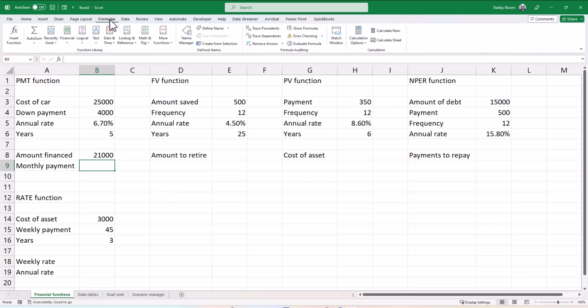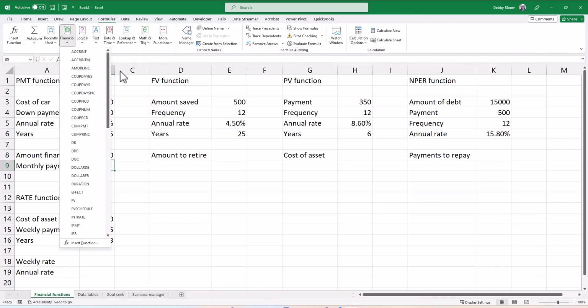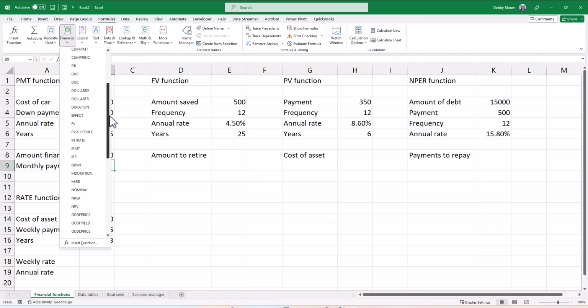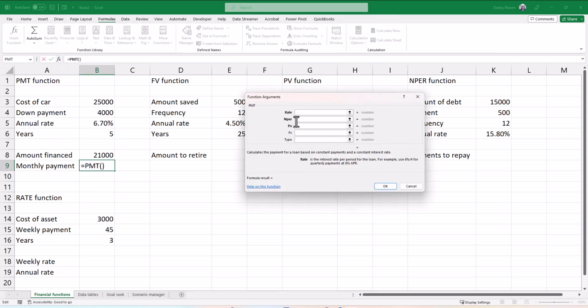So I'm going to go to Formulas, Financial, and then scroll down until I find PMT. The arguments in PMT are rate, which is actually the financial function I, the annual rate divided by the number of payments in 1 year, and nper, which is the finance function N, the total number of payment periods.